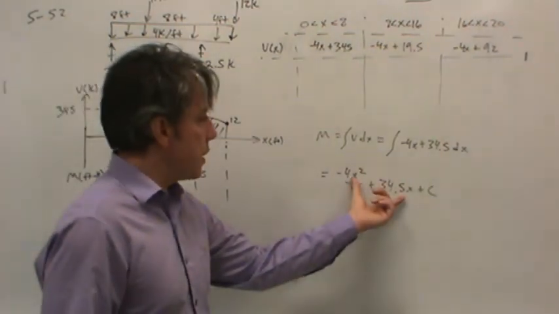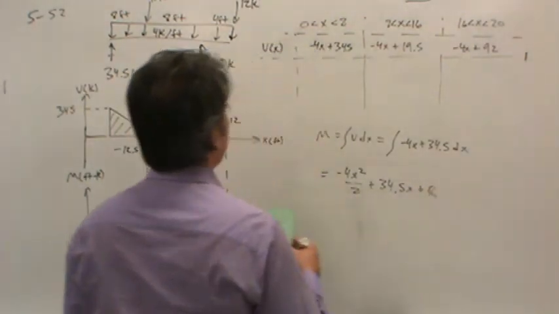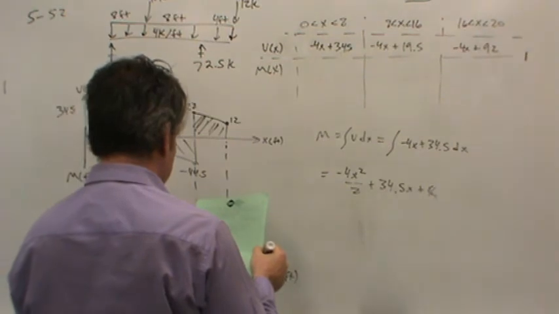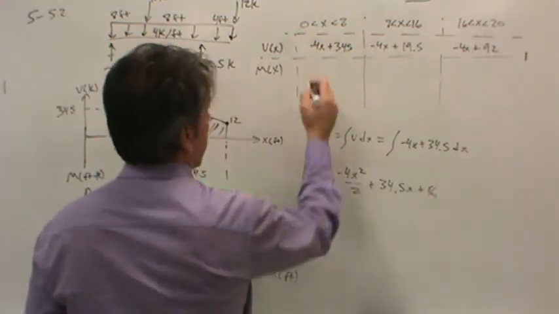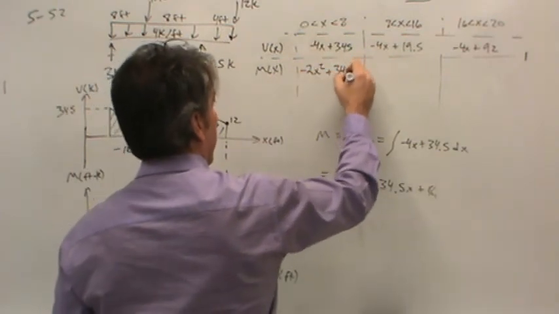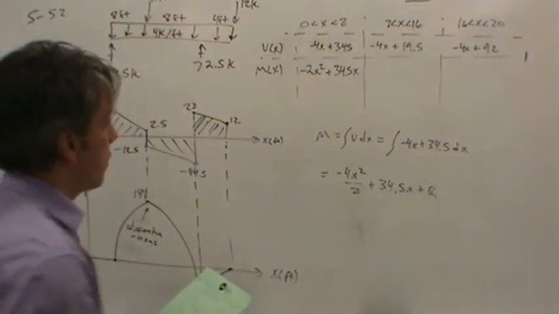That makes it very easy because at that point the moment's 0, and you find that this constant must be 0. So the moment as a function of x, the first one, is just going to be, notice I'll take -4 over 2 is -2, x squared plus 34.5x. Okay, so that takes care of the first one.